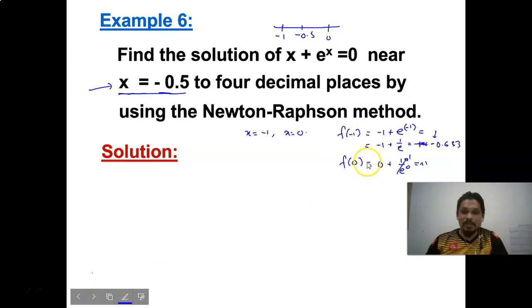This is just to clarify that there is a root lying between negative 1 and 0, and negative 0.5 is one of the values lying between these two.